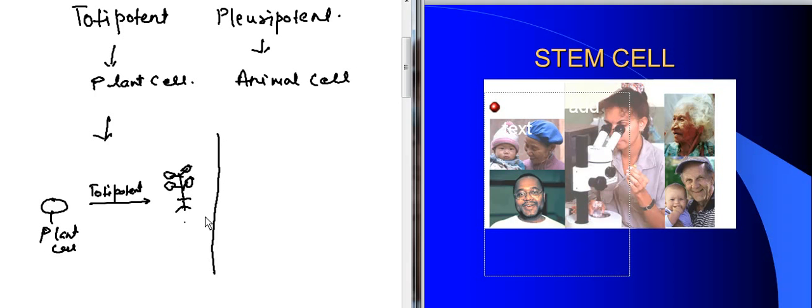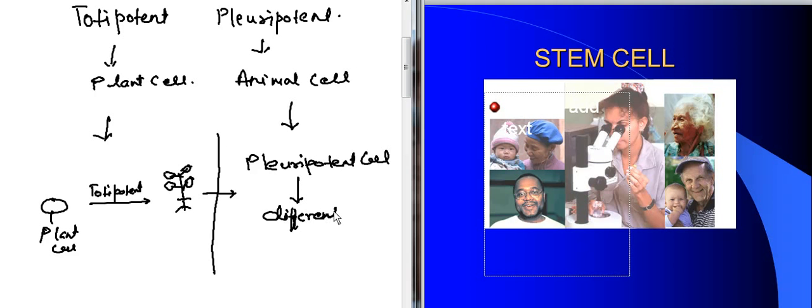This is not going to happen in case of animals. In animals, there is a pluripotent cell which has a tendency to get differentiated into various types of organs.